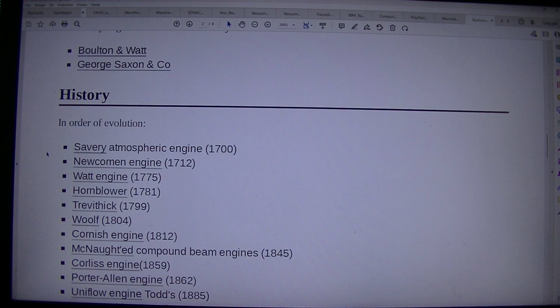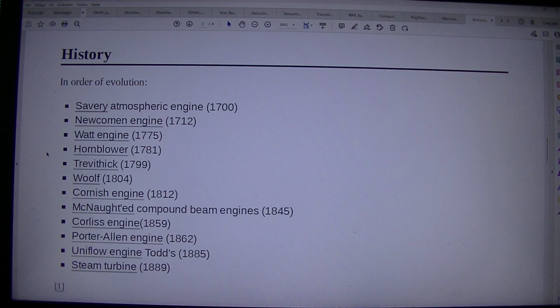History. In order of evolution: Savery atmospheric engine, 1700. Newcomen engine, 1712. Watt engine, 1775. Hornblower, 1781. Trevithick, 1799.